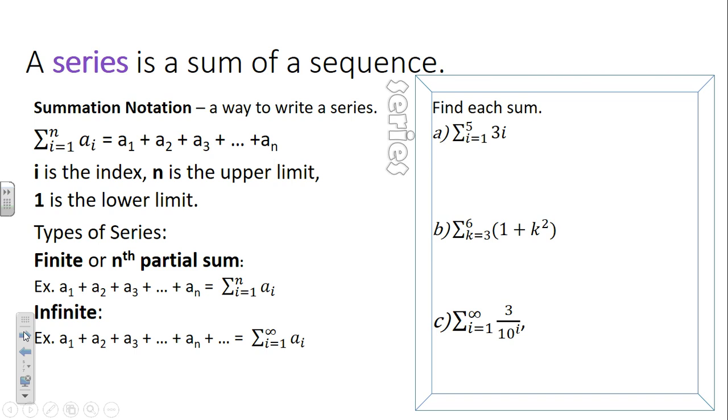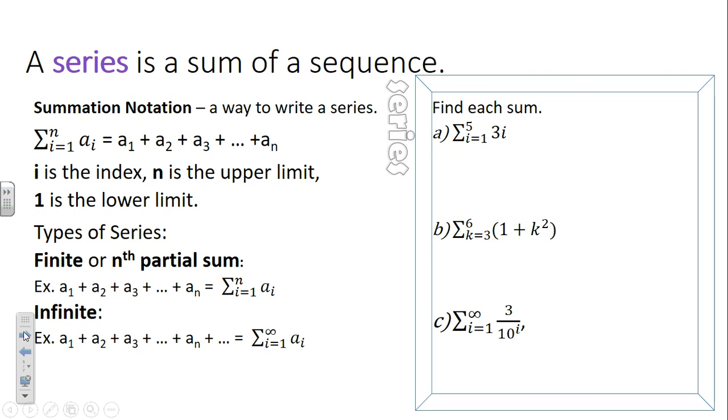So, first of all, there are actually three types of series. One of them is a finite series, which means that the sequence ended, right? And so we can add up all those terms and get our sum. We also have an nth partial sum. So if we have one that goes on forever, we can say, hey, what is the sum of the first 50 terms of this particular sequence that goes on and on and on forever?